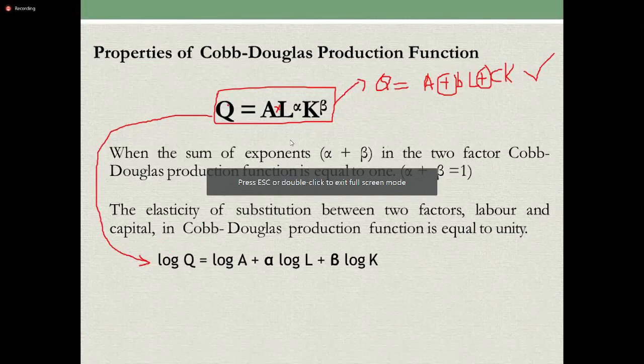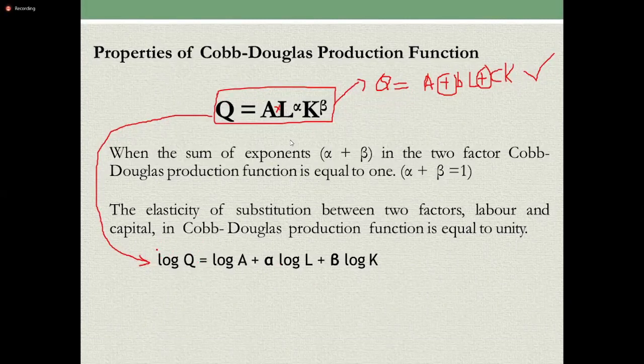When we write this Q as a log function, it can be denoted as log Q equals, and each of these needs to be represented using logarithms. So Q is log Q, plus A means log A. Up to here it is okay, right?